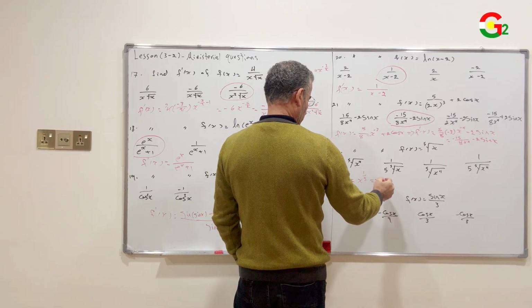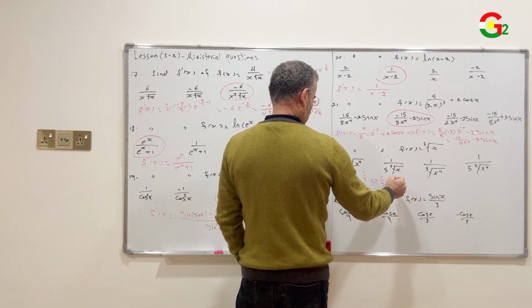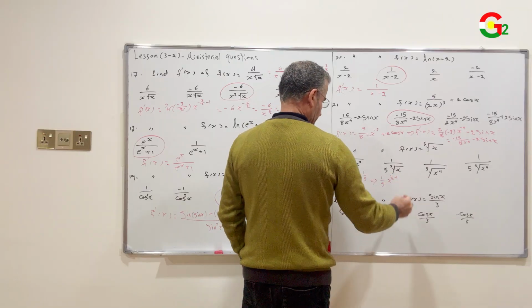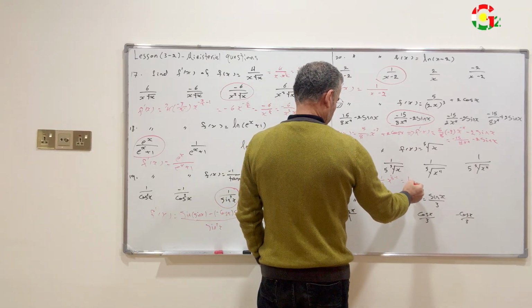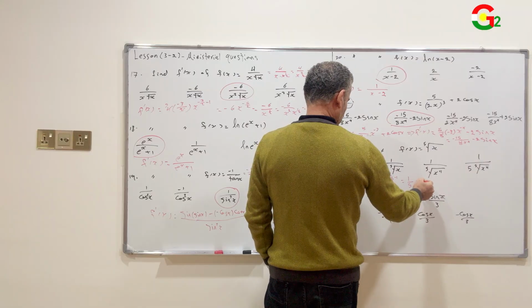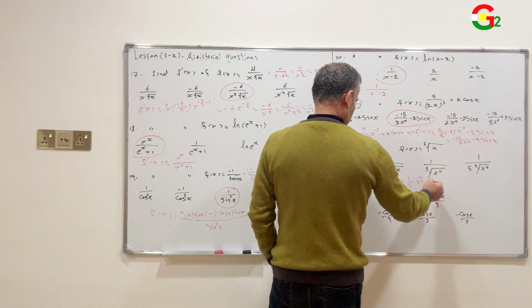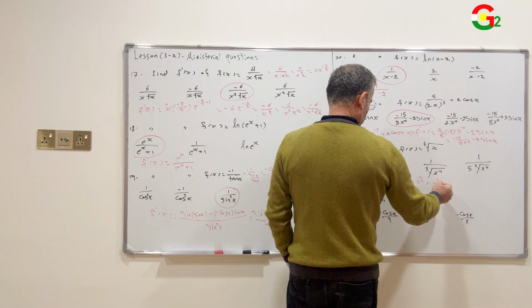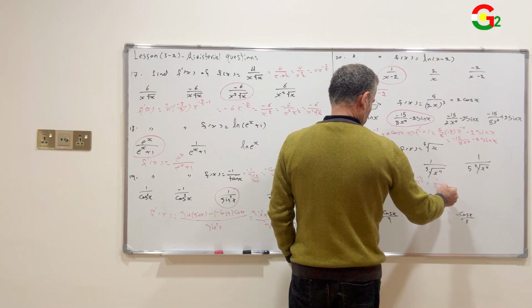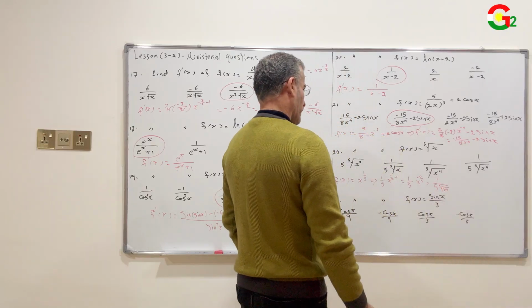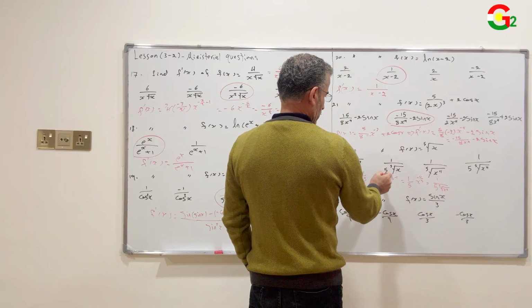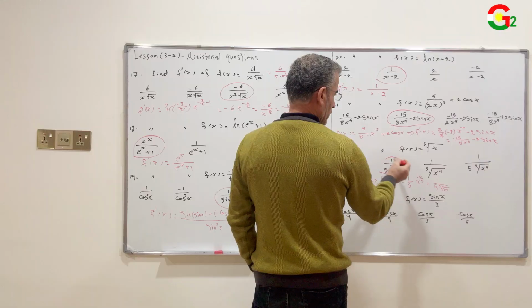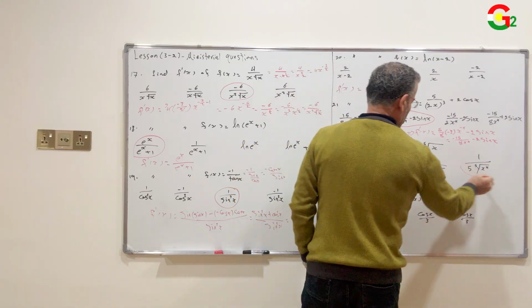Now find the derivative. 1 over 5 x to the 1 over 5 minus 1, equal to 1 over 5 x to the negative 4 over 5, equal to 1 over 5 fifth root of x power 4. Choice B. Sorry. Choice D.